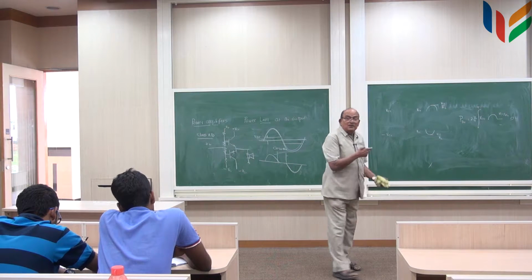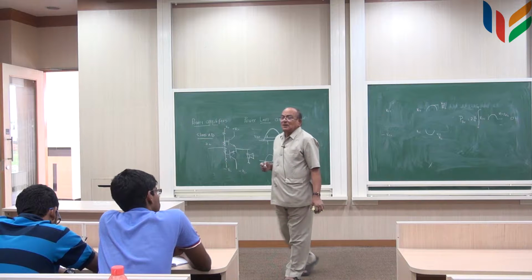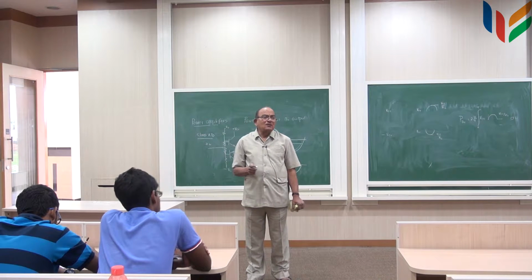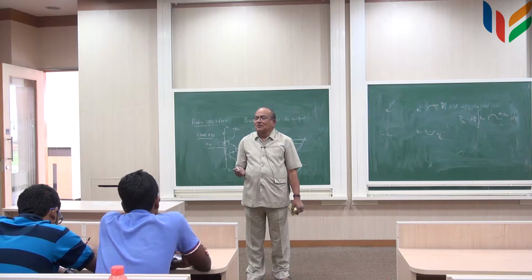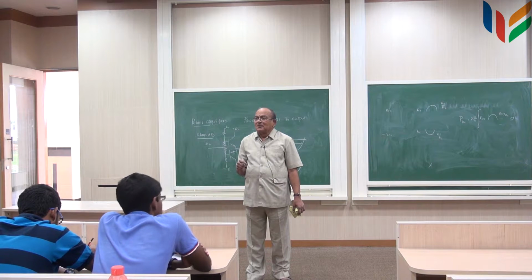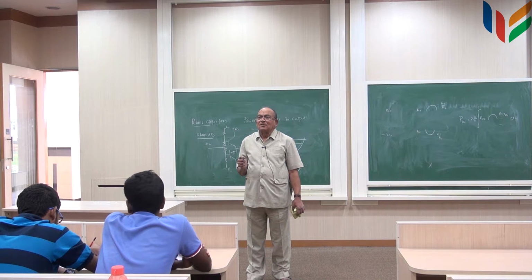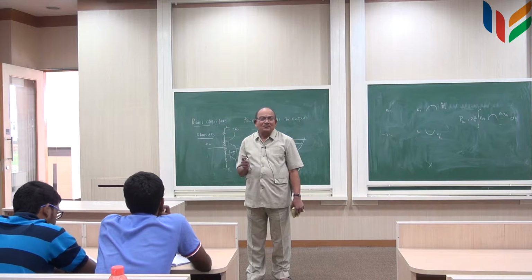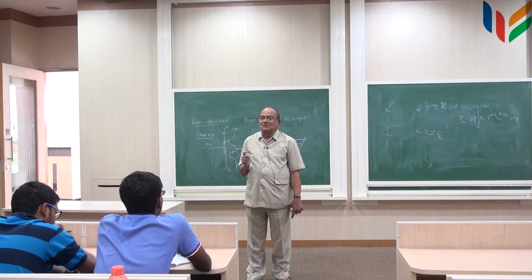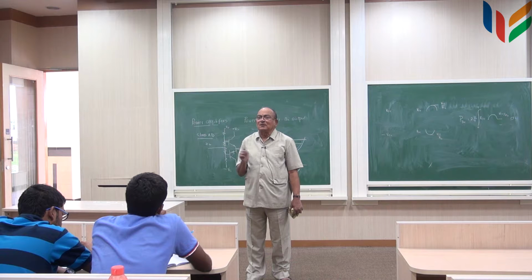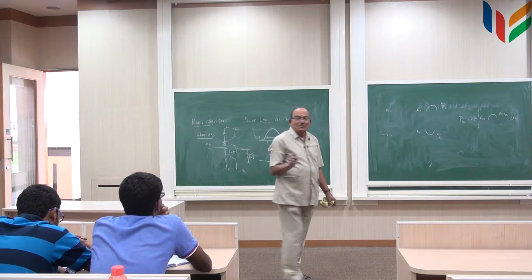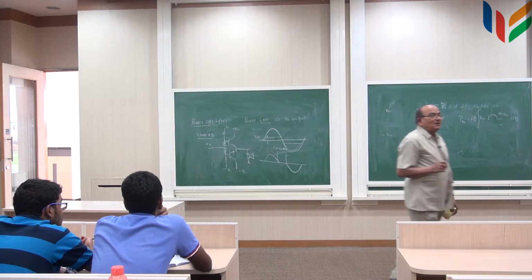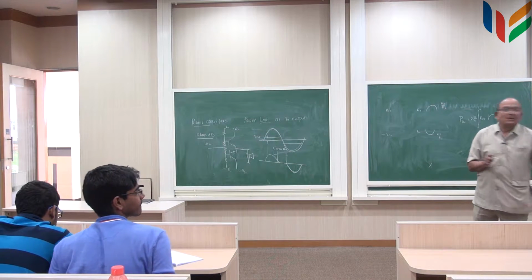Remember we did this exercise in the earlier class, that the average value of a half sine wave, which in the assignment problem you work out, is equal to 1 by pi of the peak value. Anybody remembers or not? The average value of the half sine wave is equal to 1 by pi of the peak value.